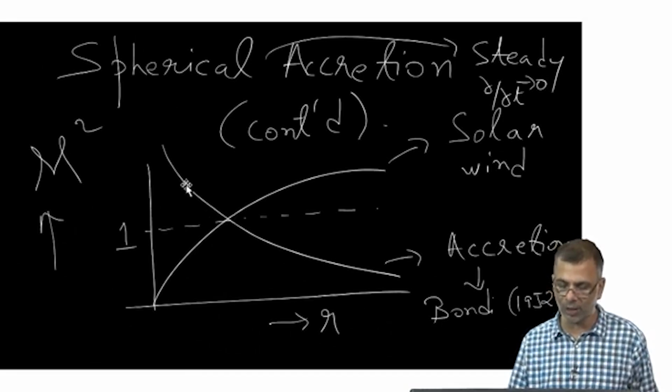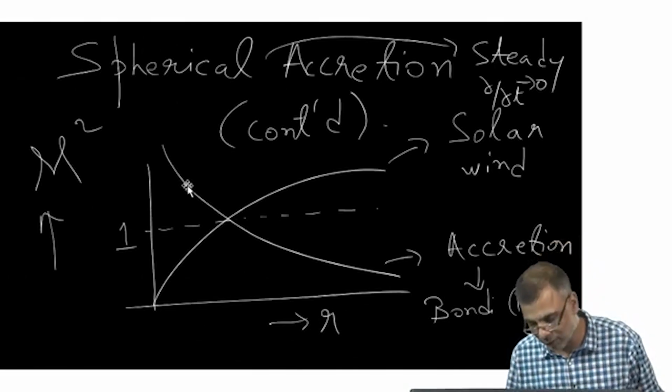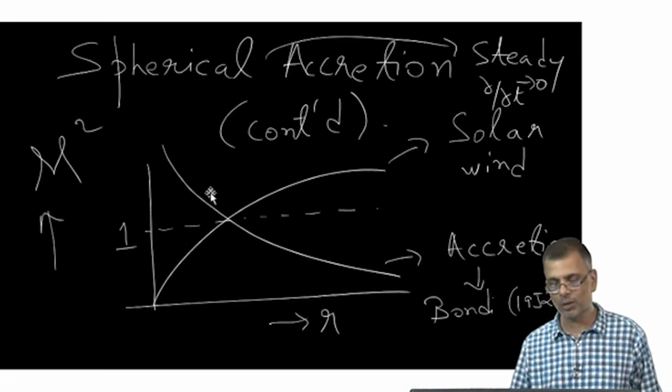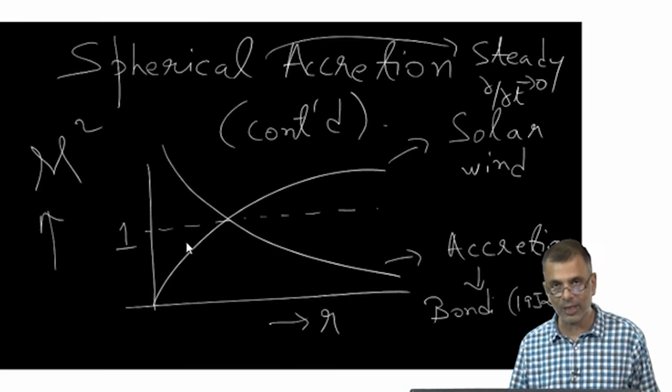So suppose there was a shock here. What does the shock do? The shock makes the supersonic flow transition to a subsonic flow. So you would have this curve, you would drop down to a value less than 1.